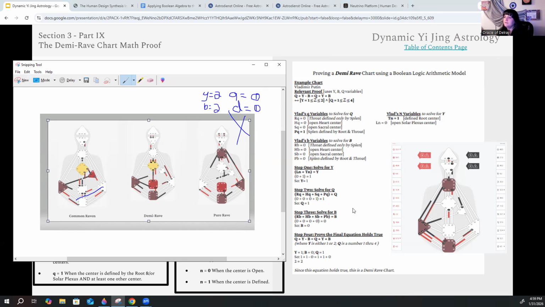And it just looks for that B value, which it doesn't have. So 1 plus 1 minus 0 equals 1 plus 1 plus 0. So the equation works out as it should.